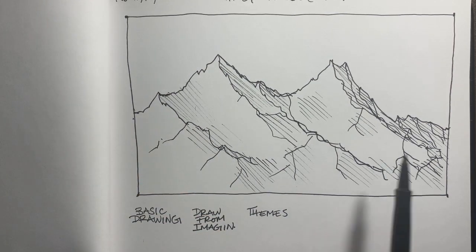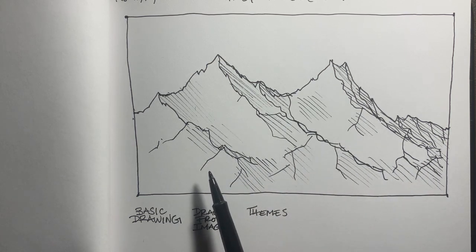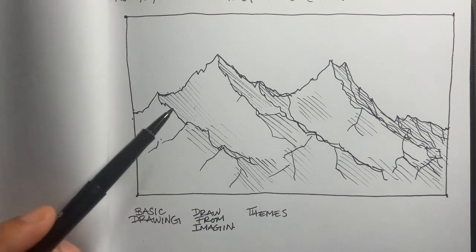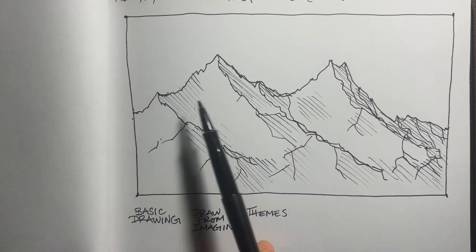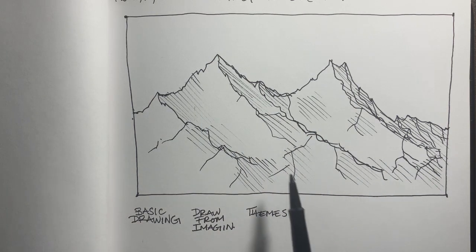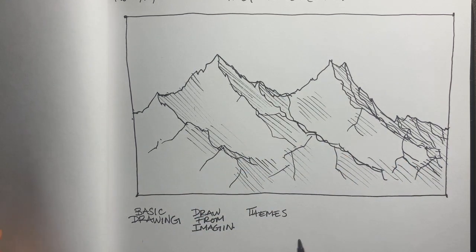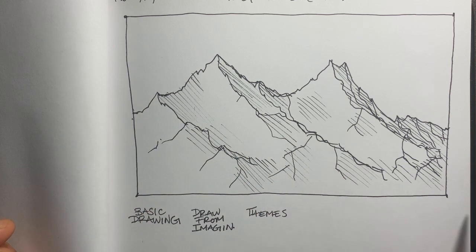So this is not taking into account the material, like what the mountain is actually made of. But kind of moving on. So that's basic drawing. And then from imagination, meaning this is something imagined and something that my opposite hand drew. And then the theme is just the idea of the mountain and what it represents.